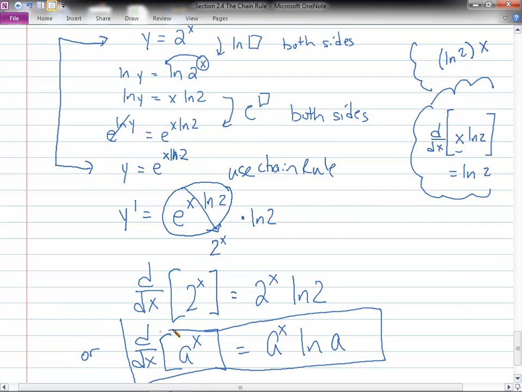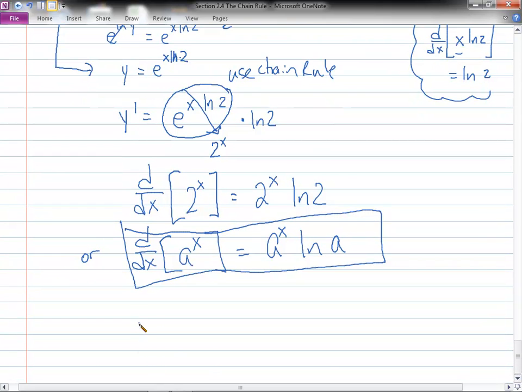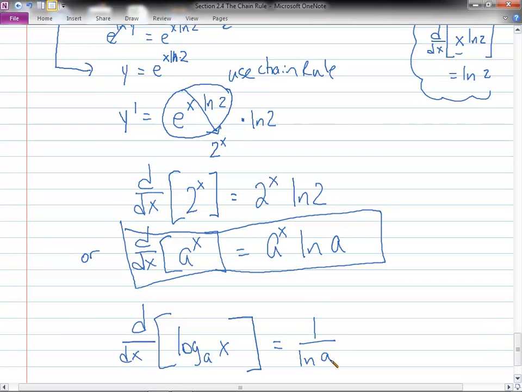Let me write down one last one, and then I can say goodbye to you. The derivative of the log base a of x, which is the other function I was thinking of that we haven't done yet, is actually 1 over the natural log of a times, no, 1 over x natural log of a.